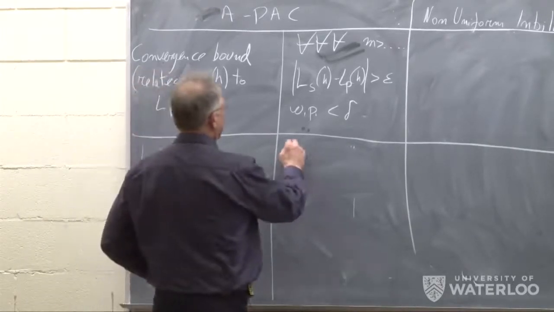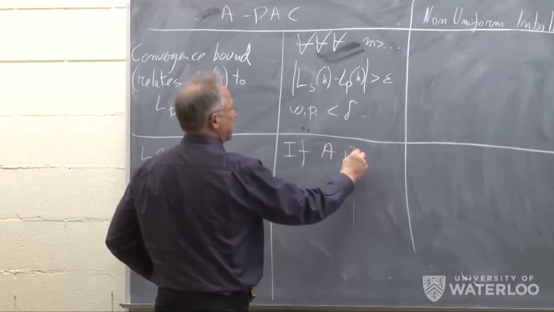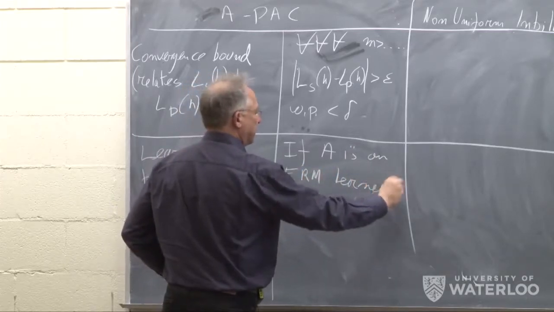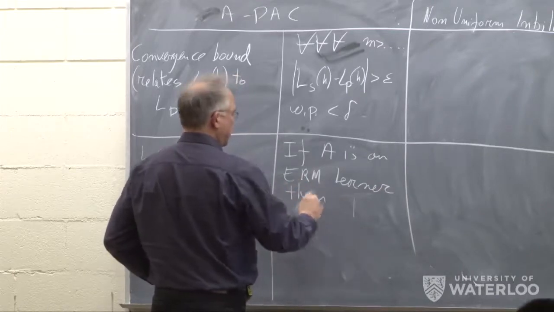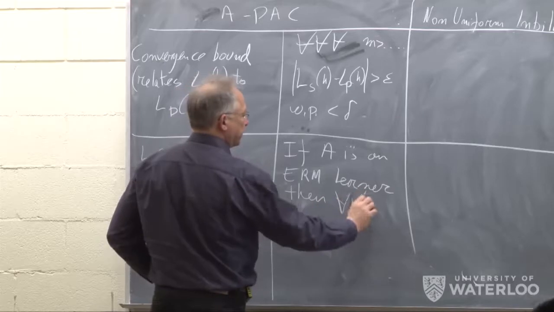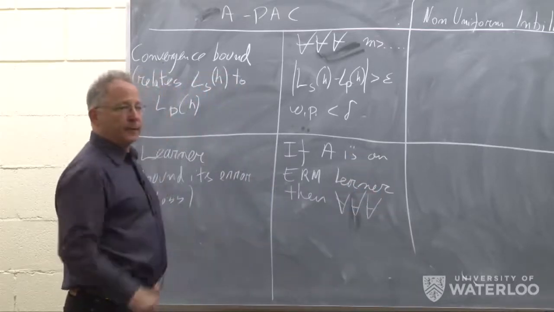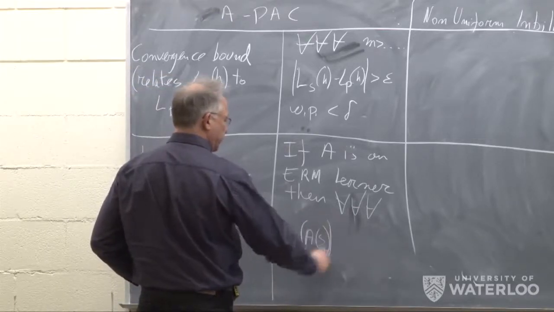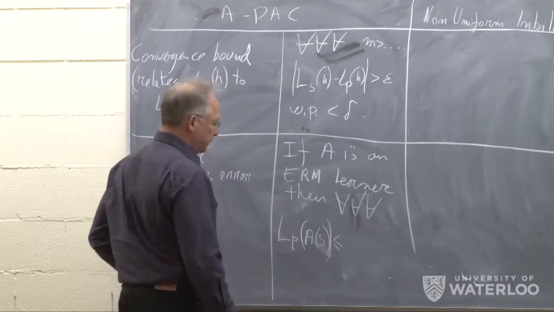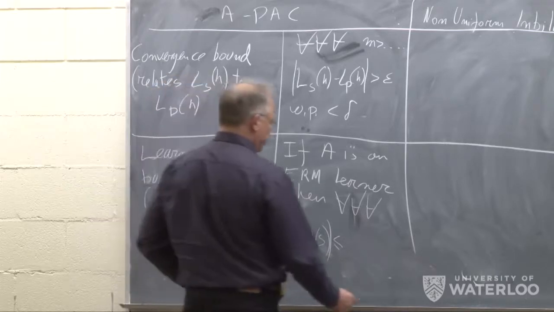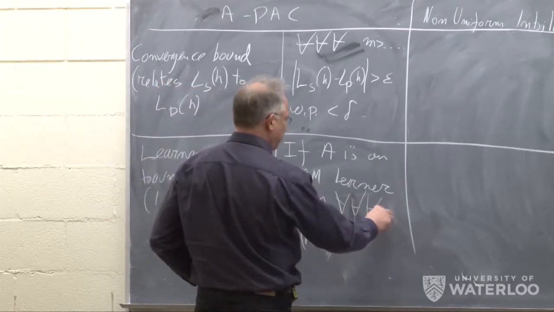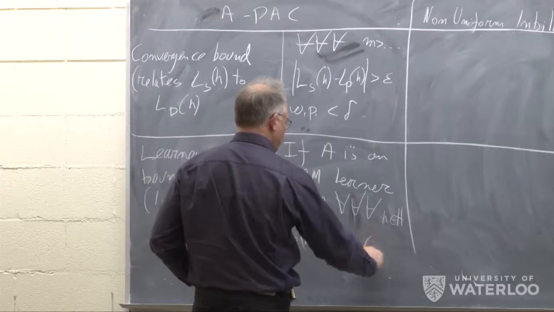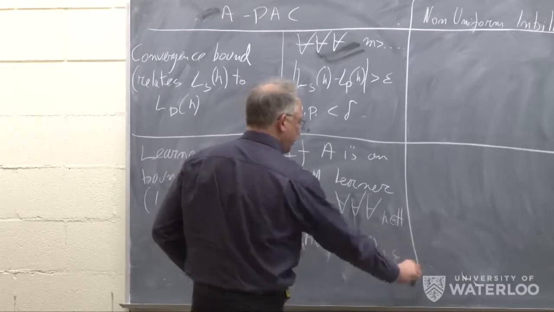The conclusion was that if A is an ERM learner, then again, for every probability distribution, every epsilon and delta, the loss with respect to P of A of S is at most, for every h in H, the loss with respect to P of this h plus epsilon.